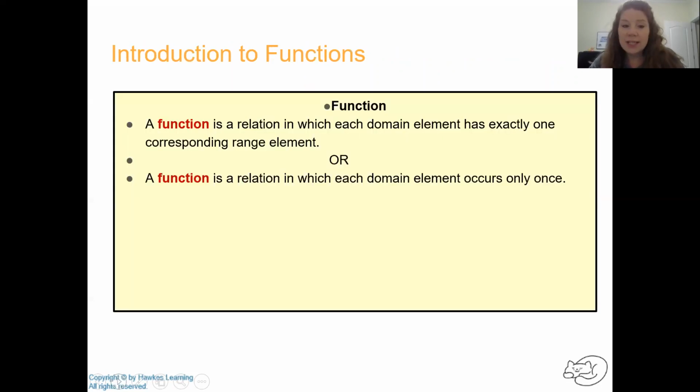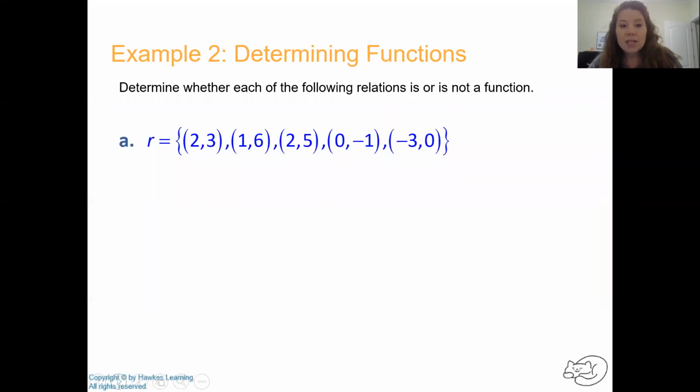So a function is a special type of relation in which for every domain element, or for every x value, there's exactly one range value or exactly one y value. A function is a relation in which every domain element occurs only once. So when you're trying to figure out if a relation is a function, you're really only concerned about the x values.